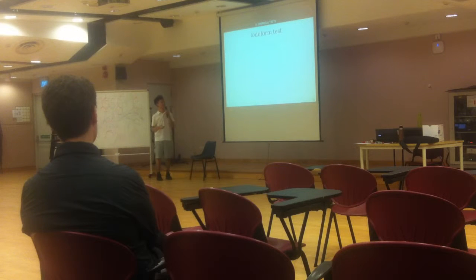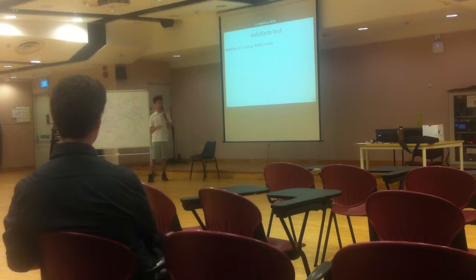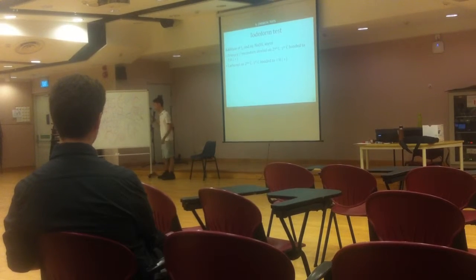The iodoform test is a bit complicated because you add iodine and sodium hydroxide and you heat it up. It tests positive for certain alcohols and certain ketones. If you have a primary or secondary alcohol on the second carbon, your first carbon over here needs to be a CH3.